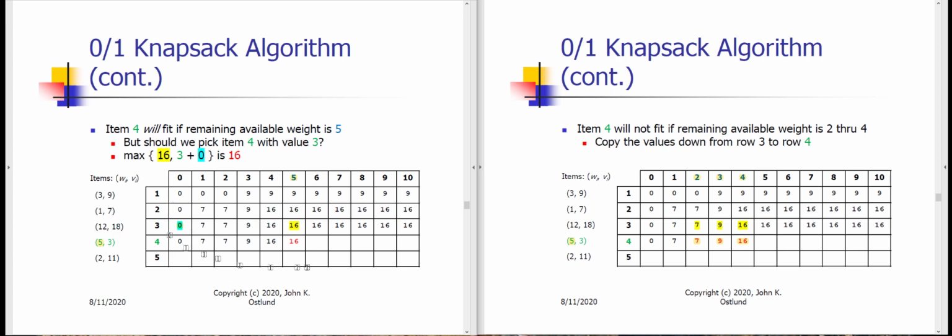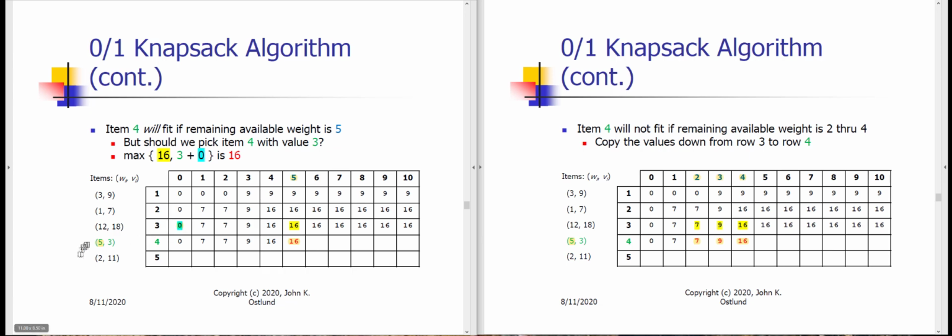All right? So in other words, the maximum we can get here, if there are 5 units of available space in our knapsack, is going to be either the 16 that we already had by just considering items 1, 2, and 3, or 5 plus 0.